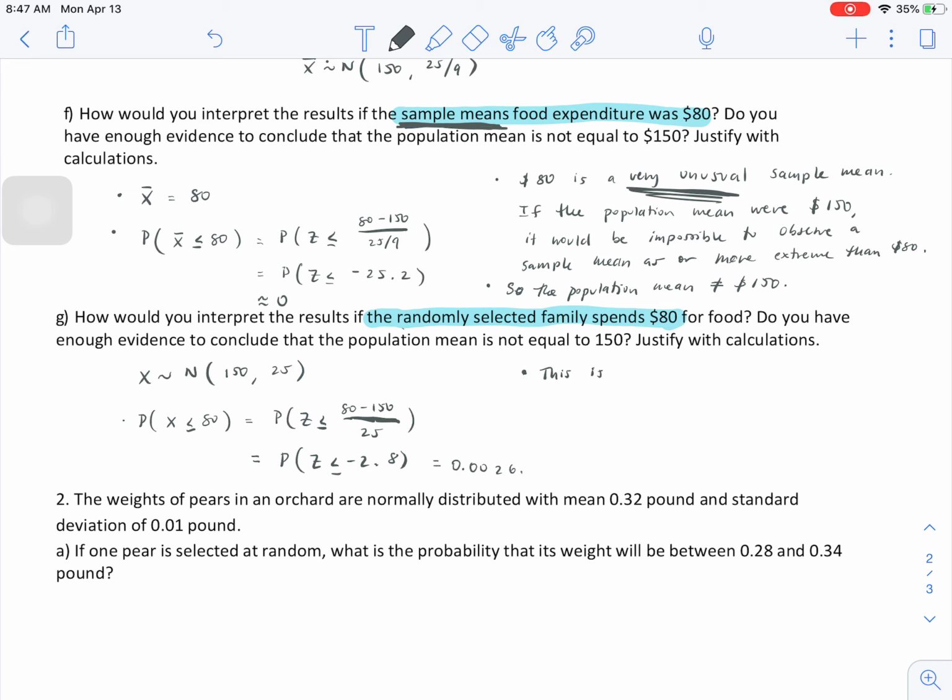So this is still quite unusual, but unlike part F, not impossible. So it's not impossible that a single family will spend less than $80. Since it's not impossible, this single family could be an outlier.